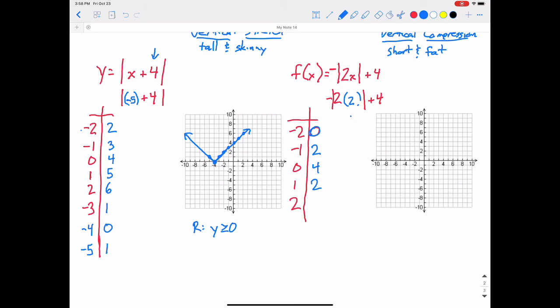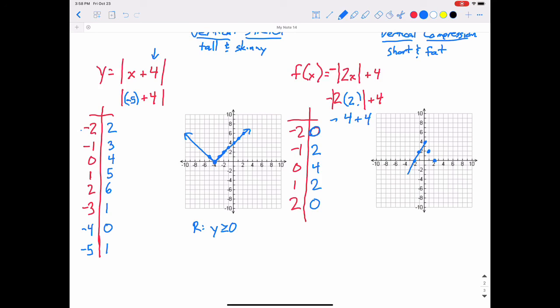So we have 2 times 2 is 4. The absolute value of 4 is 4, but the negative reverts it back to negative 4. Negative 4 plus the 4 that's on the outside gives you 0. So we have the points negative 2, 0; negative 1, 2; 0, 4; 1, 2; and 2, 0.